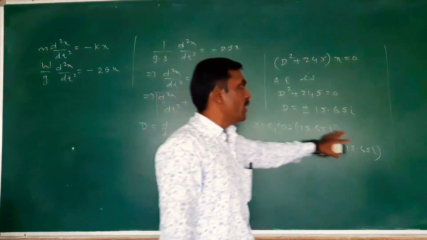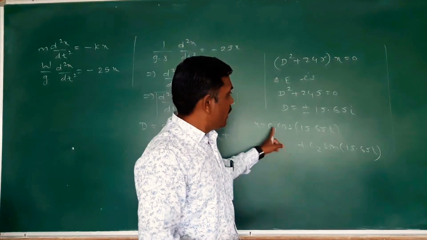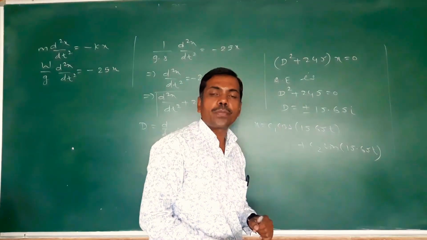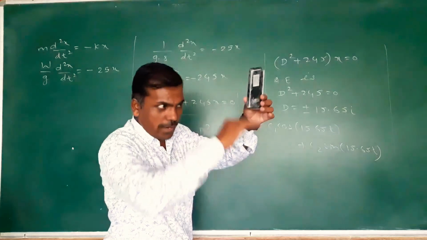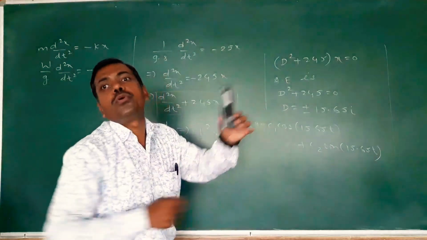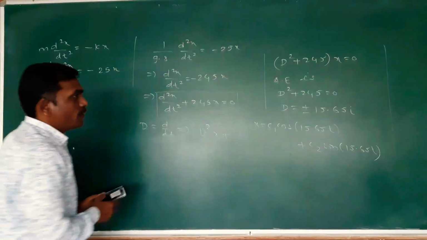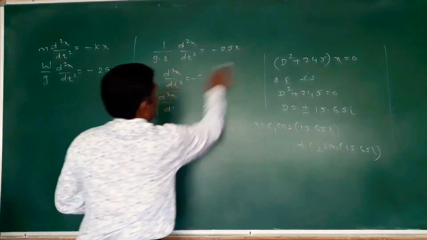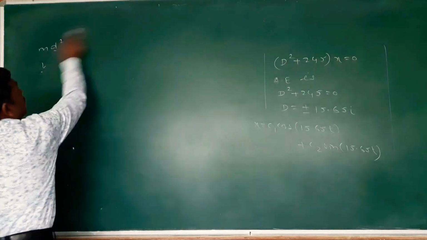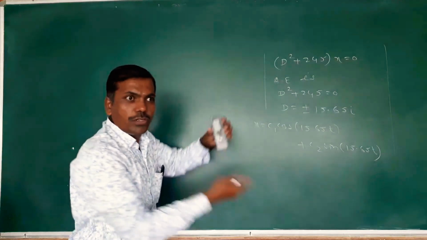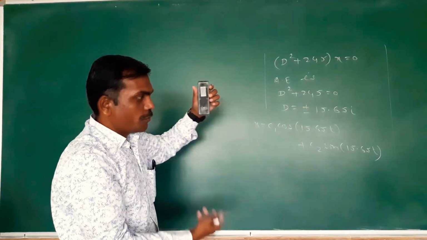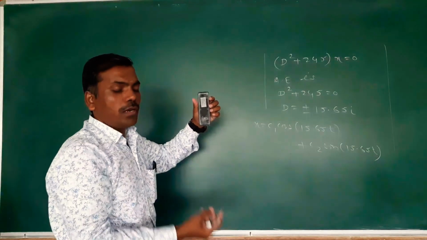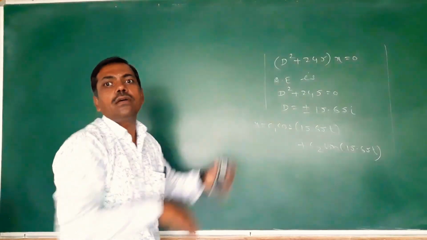So this is the position at any time t. But initial conditions are given. What is given in your problem? That the spring is stretched 8 centimeters below the equilibrium position. So x is equal to 8 and t equal to 0, because it was not released. After releasing the weight, we get a motion.